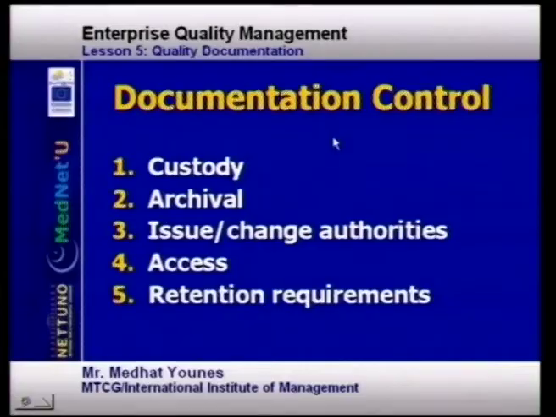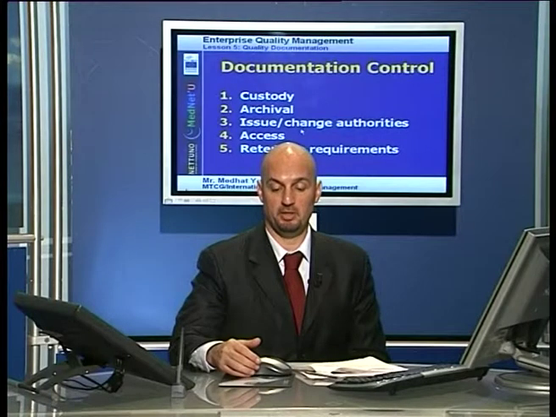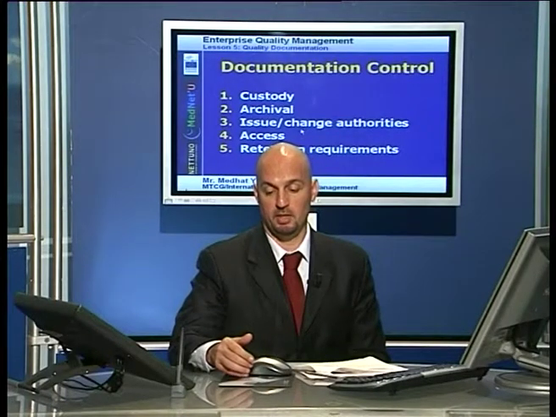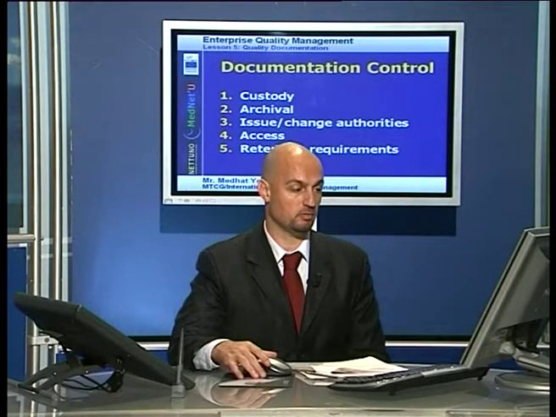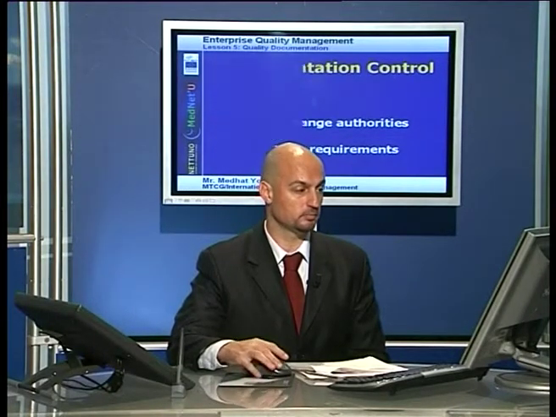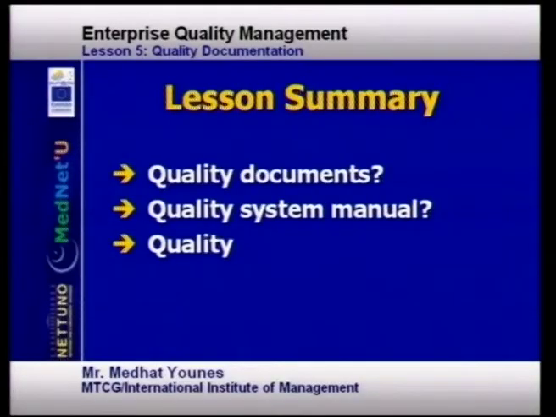Retention requirement: it's the same as archival, and the retention can be in terms of the time period as well as the format. It can be in paper format, electronic format, and so on.